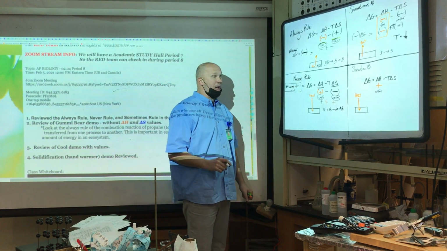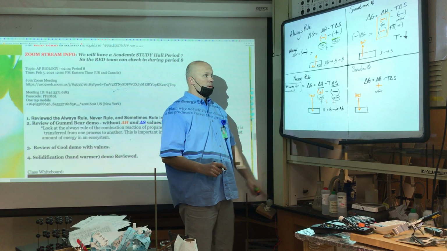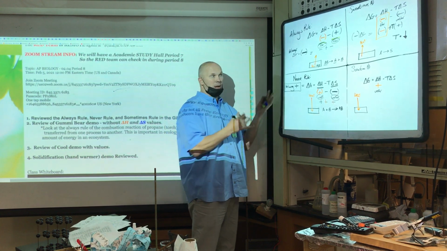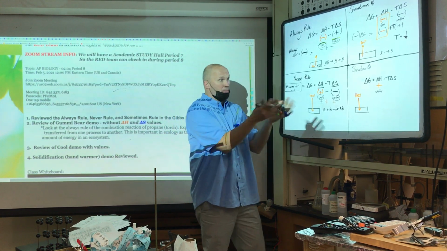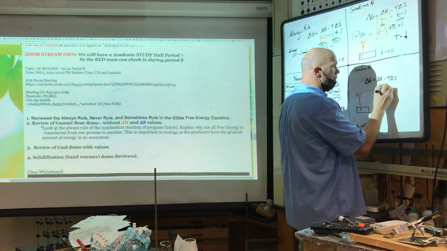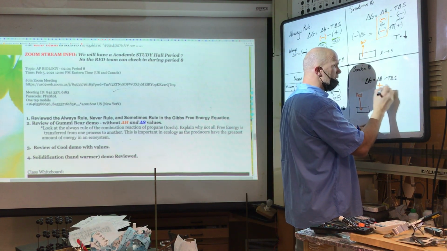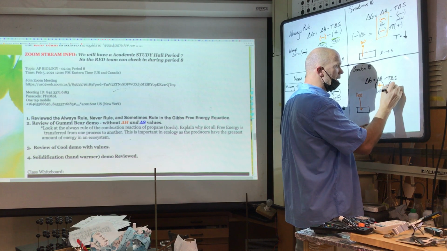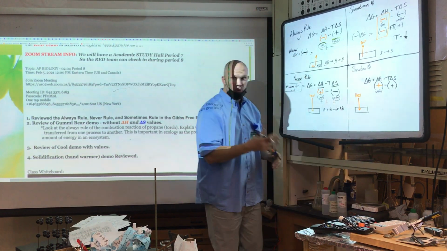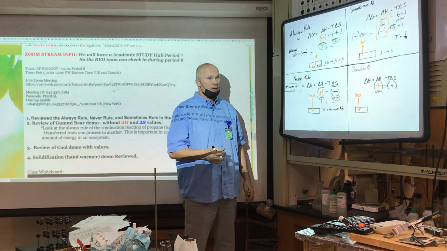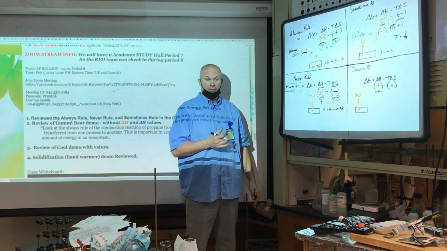Now, if I combine that with an unfavorable delta H, it can never be spontaneous. So I have to combine that with a favorable condition, and that would be what? The positive delta S, which means I better be doing something that is increasing the degrees of freedom.